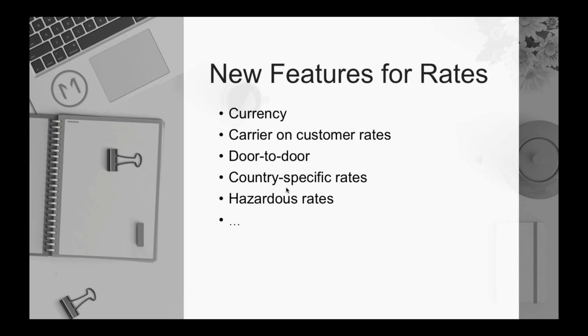So you don't even have to specify ports anymore. If you have one rate for a whole country or a region that in the system you choose to define as country, you can enter rates for that. And we have hazardous rates now as a new feature as well.